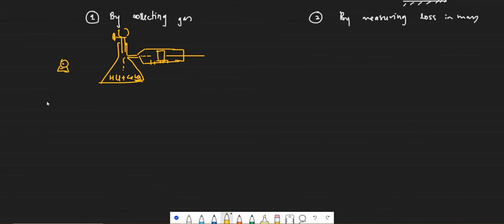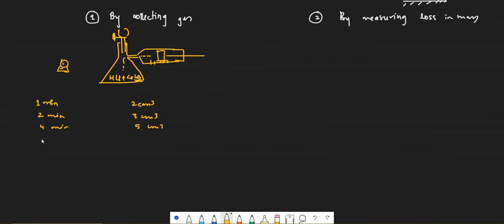Let's say after 1 minute, 2 centimeter cube of gas was collected. After 2 minutes, 3 centimeter cube of gas was collected. After 4 minutes, 5 centimeter cube of gas was collected.